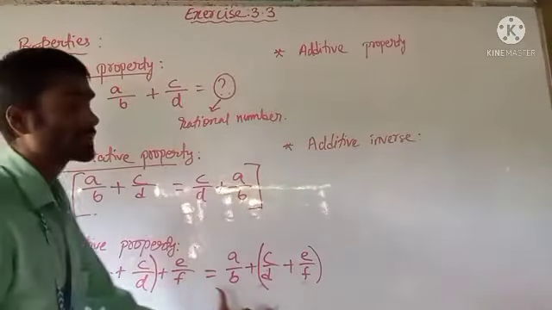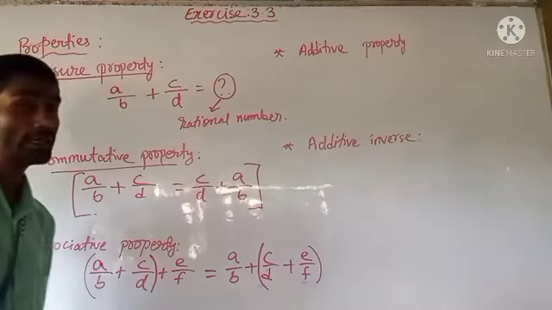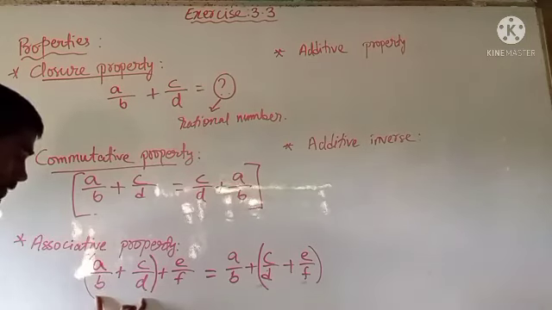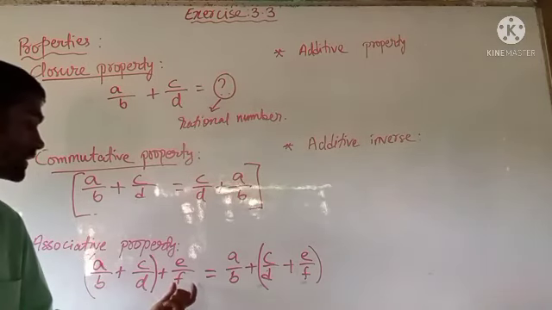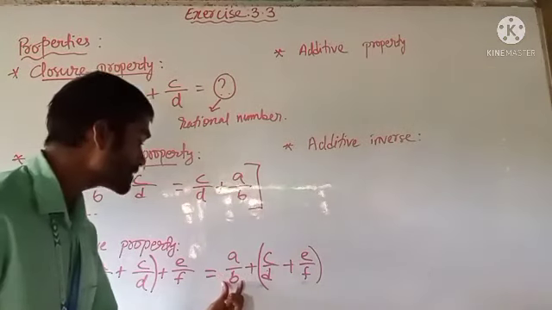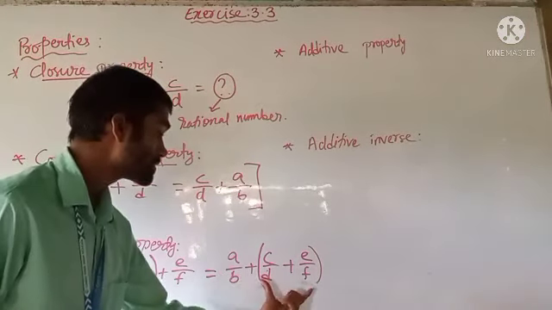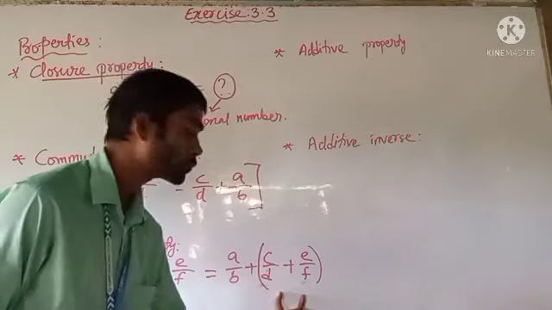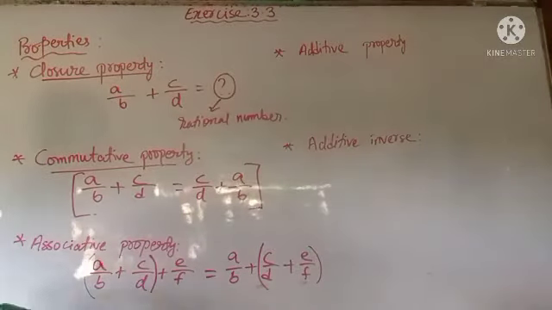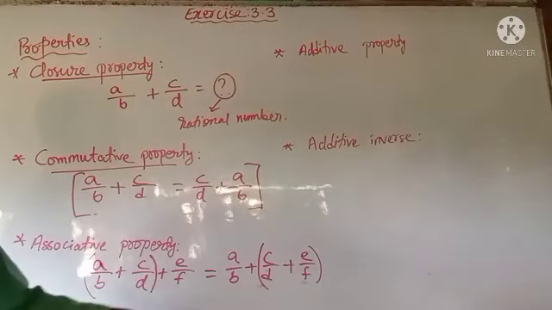Whatever answer we get will be the same. That means if we add these two rational numbers first and then add this rational number to it, or if we add these two first and then add this rational number to another one, we will see that both sides give the same result. That is known as associative property.